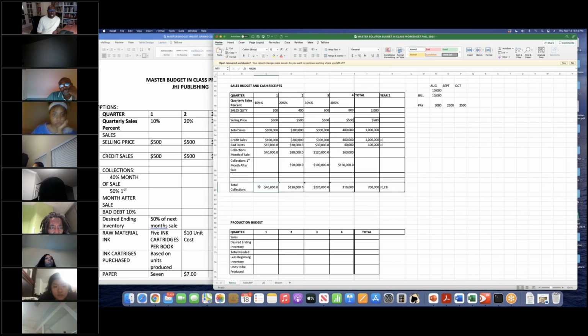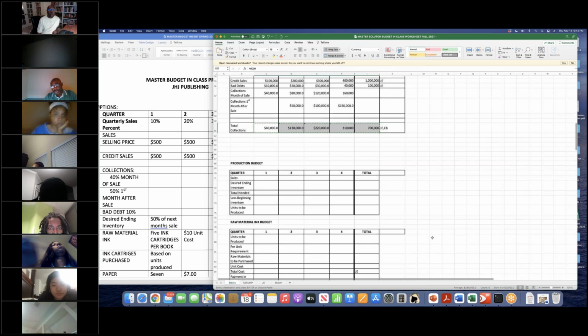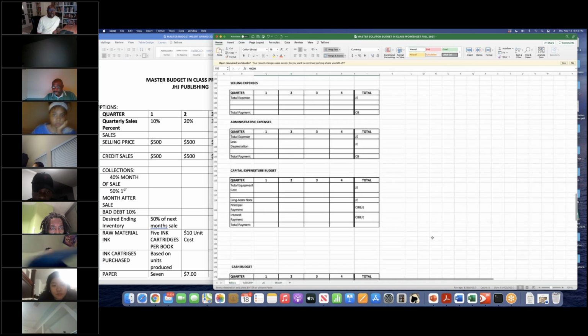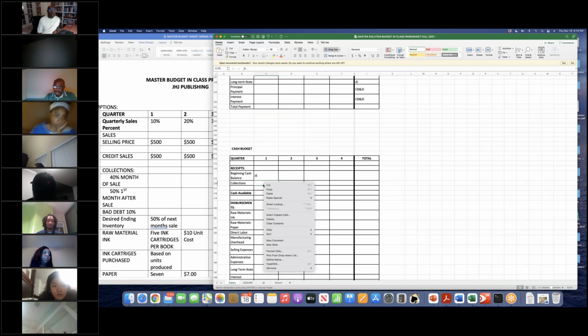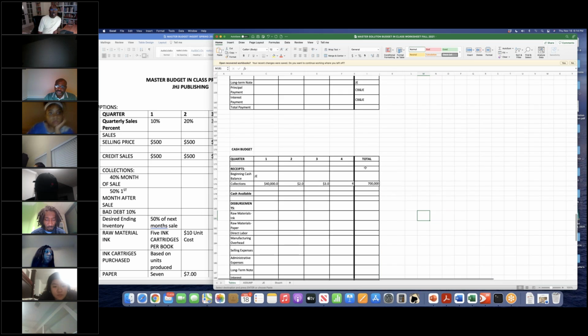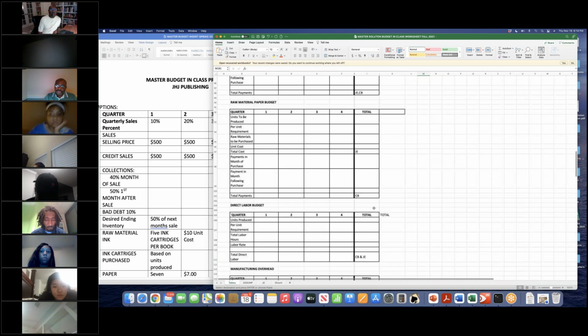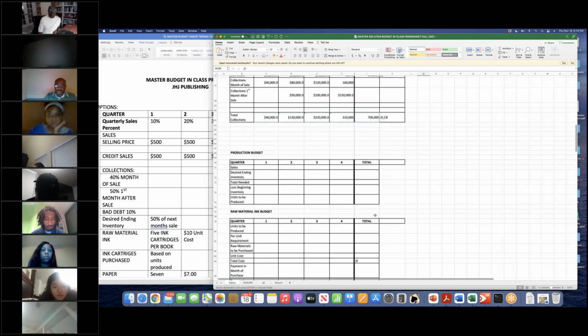So once I've done these collections, I'm going to copy these numbers, and I'm going to come to my cash budget, and I'm going to paste them here. They don't come across.